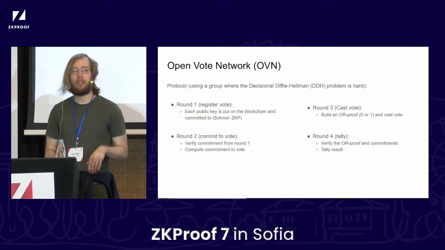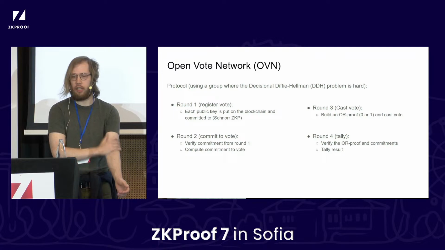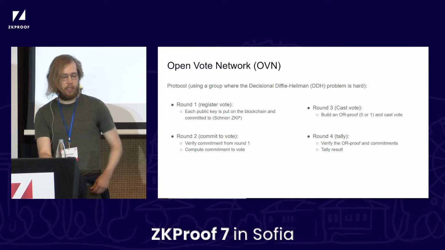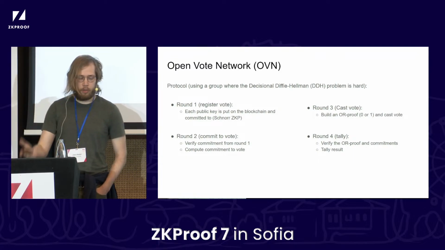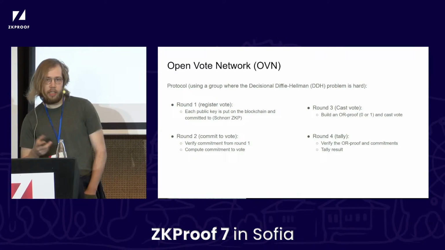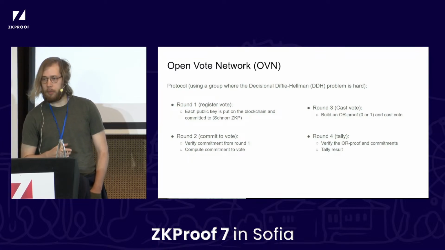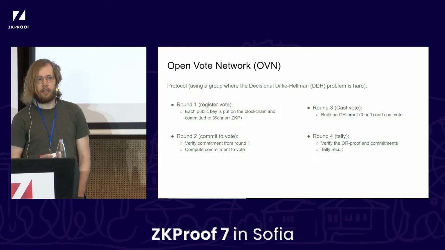And as for the protocol in general, the way the protocol is structured is in four different rounds. In the first round, everyone commits to a public key and publishes the public key on the blockchain. In the second round, everyone checks the commitment and computes a commitment to their vote.